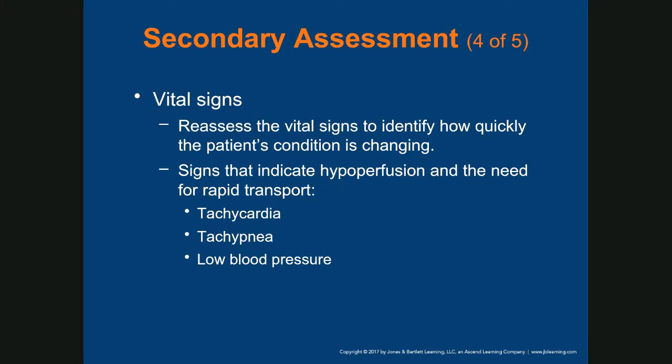Vital signs. Reassess vital signs to identify how quickly the patient's condition is changing, and signs that indicate hypoperfusion and the need for rapid transport. So, if a patient presents with tachycardia and tachypnea with a low pressure, you know you have a patient in trouble.